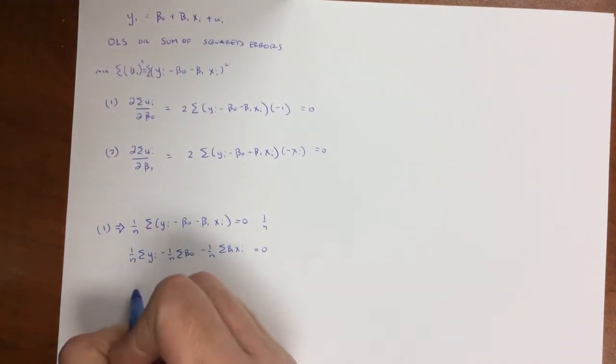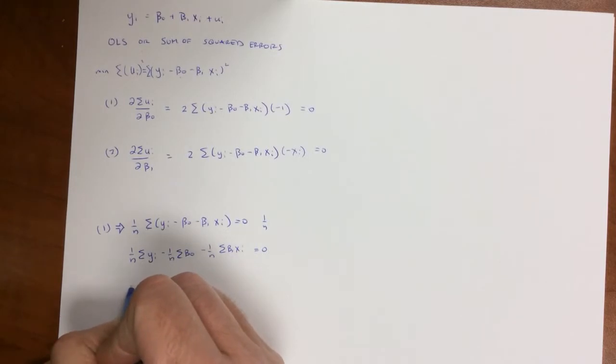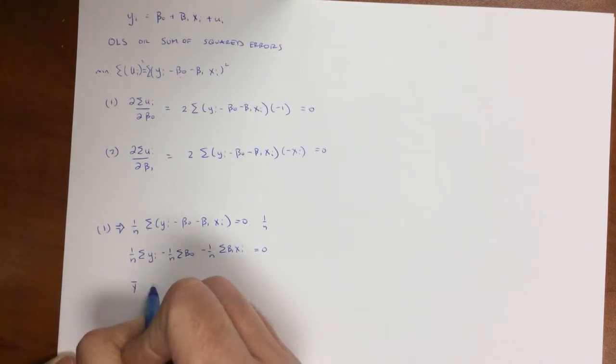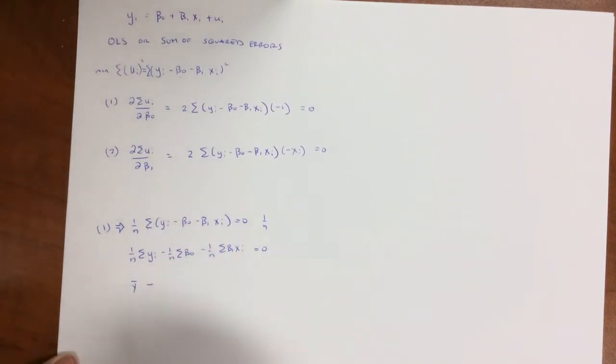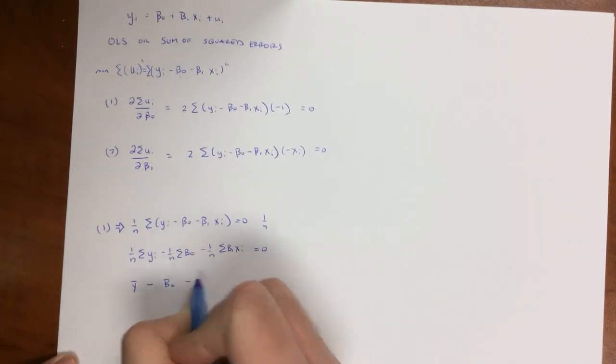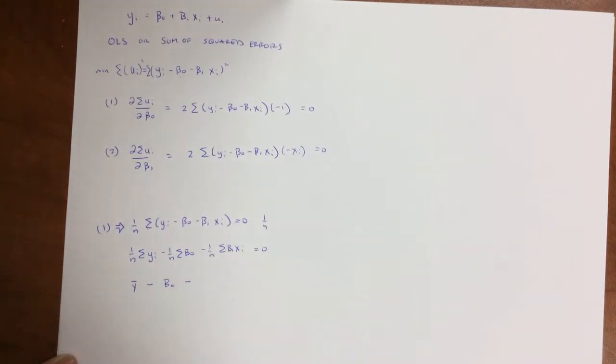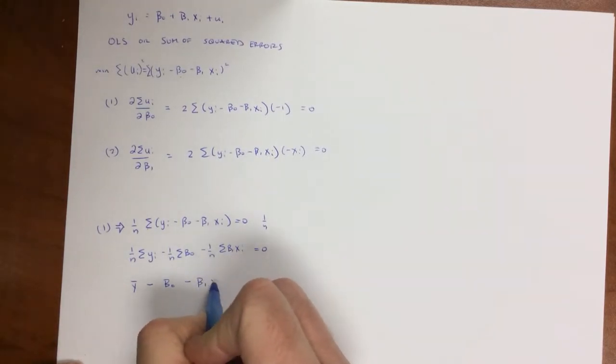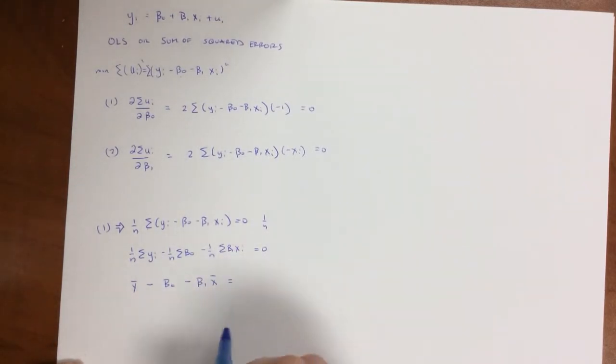Well, 1 over n times the summation of y_i is y bar. There's no i on beta naught, so the sum is just n times beta naught, and with the 1 over n that's just beta naught. Then we bring the beta 1 out in front, and we get beta 1 x bar, and this equals 0.